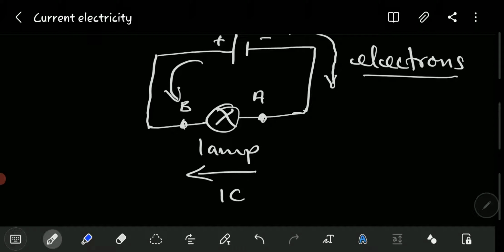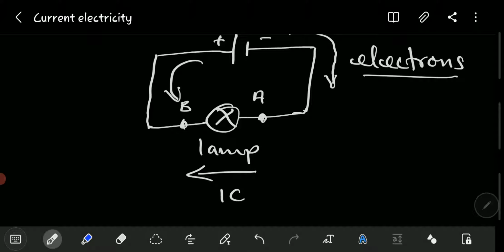So potential difference is the work done in moving a 1 coulomb charge across the lamp from point A to point B. Or if the charge is moving in the direction of flow of current, it is how much work is needed to move that 1 coulomb of charge from point B to point A. Simple and straightforward.